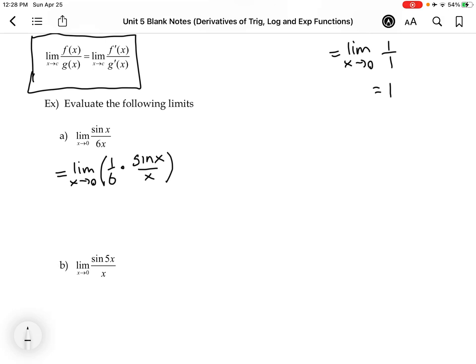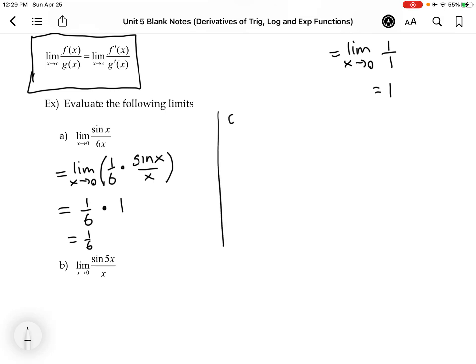Now, if you remember that the limit as x approaches 0 of sine x over x is 1, then you can replace that with a 1. And this is going to equal 1 over 6 times 1, which is 1 over 6. Okay, so that's one approach. But you got to remember what the limit of sine x over x as x approaches 0 is.